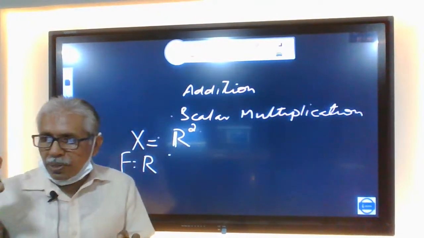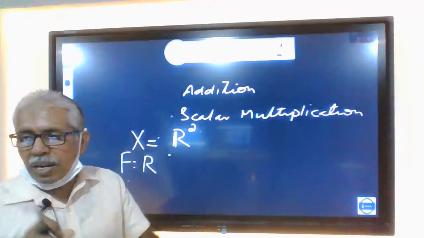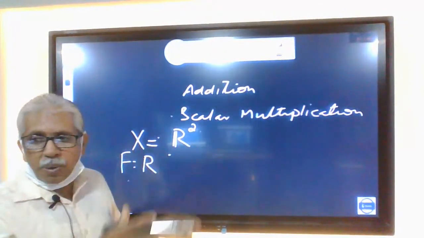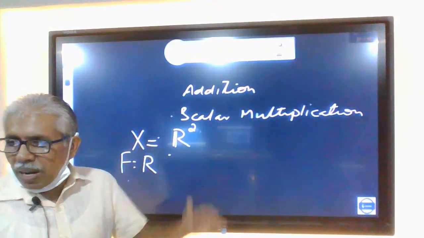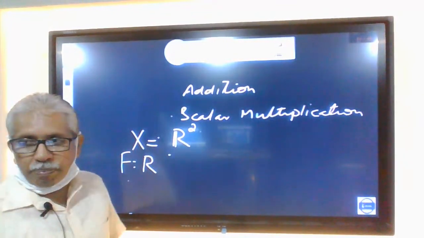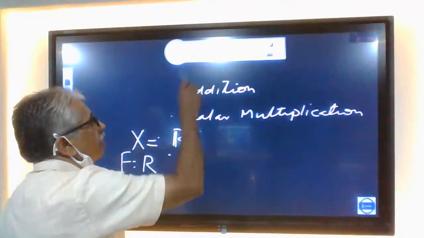For that, you take one element from F and one element from X, and these two operations will have certain properties. And what are the properties that we will check?